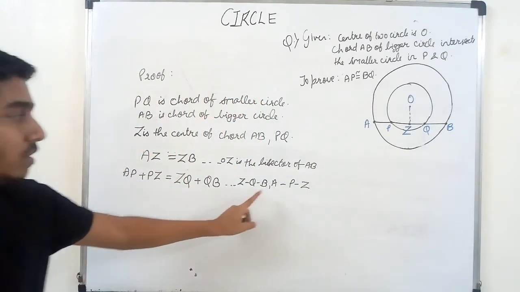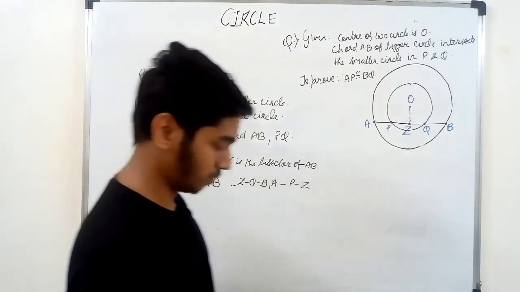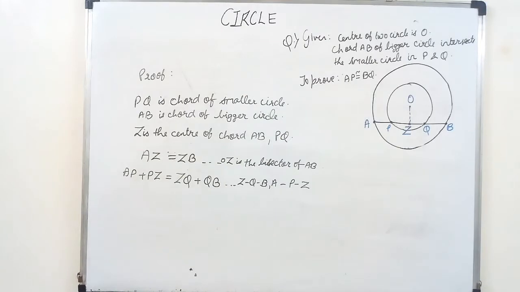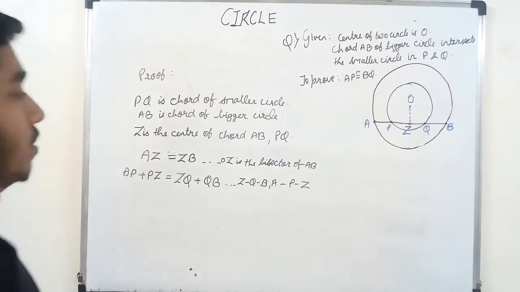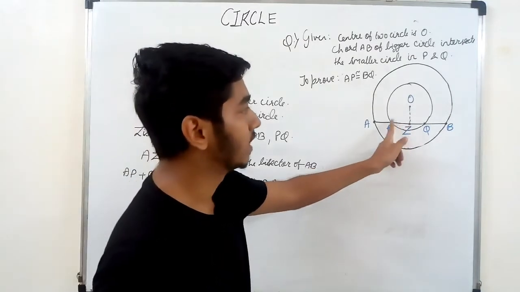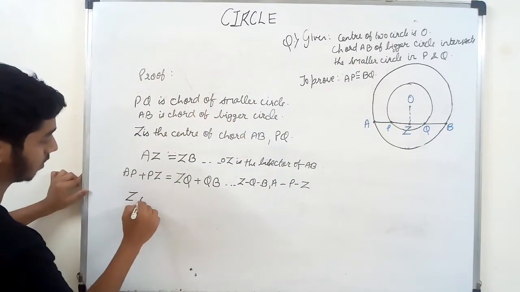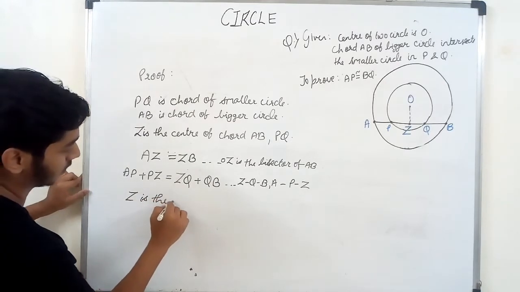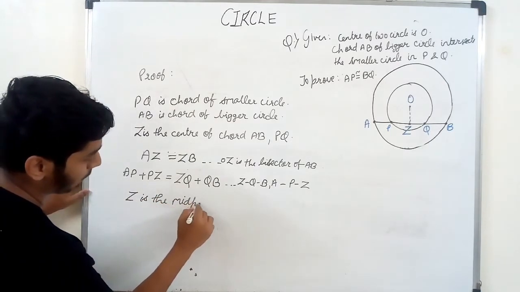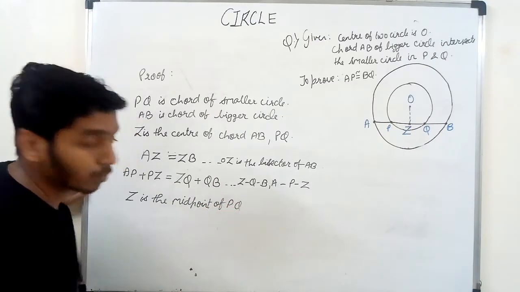Okay, so this is the reason for these two to write. So here, we wrote this. Now if you see, Z is the midpoint of PQ also. So we'll say Z is the midpoint of PQ.